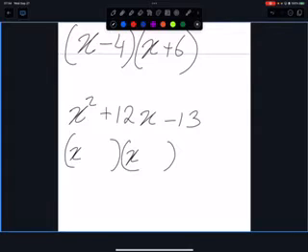Two numbers multiplied with each other give negative 13.